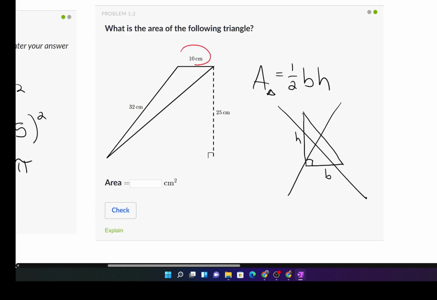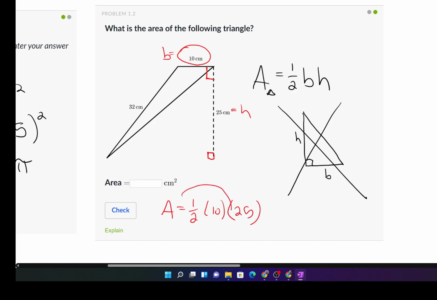I'm saying I want that to be the base. I know it's been flipped upside down, but I want that to be a base because why? Because this is a right angle. Now they've marked it right here, which is kind of a weird place to mark it, but that is what they mean. And so that means this is the base and this is my height. And so if I'm doing 1/2 the base times the height, the area should be 1/2 times 10 times 25.